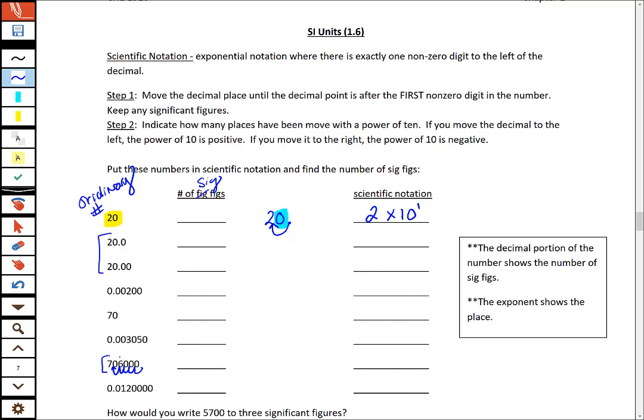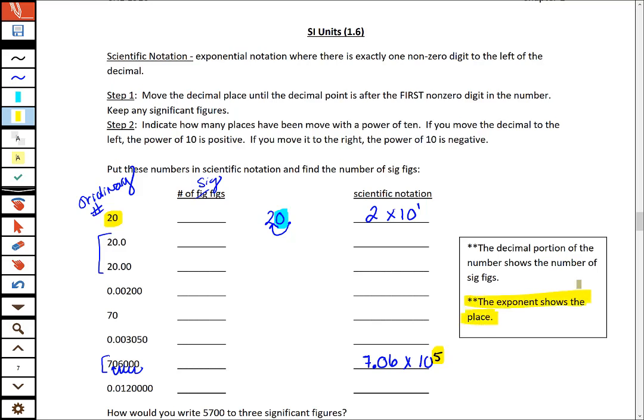So the number of locations that I moved over was 5. That means that up here in my exponent, I'm going to have a 5. Right? So the exponent shows how many places I moved over.